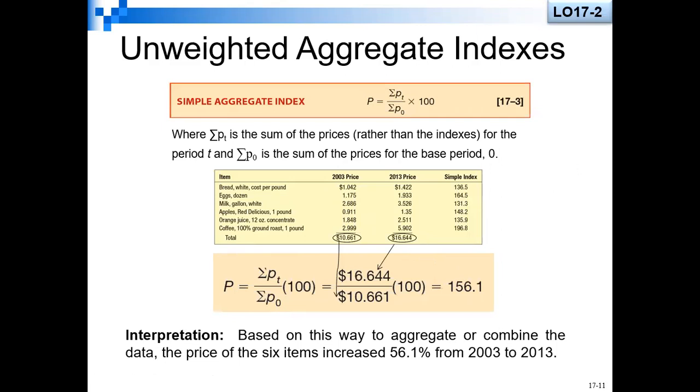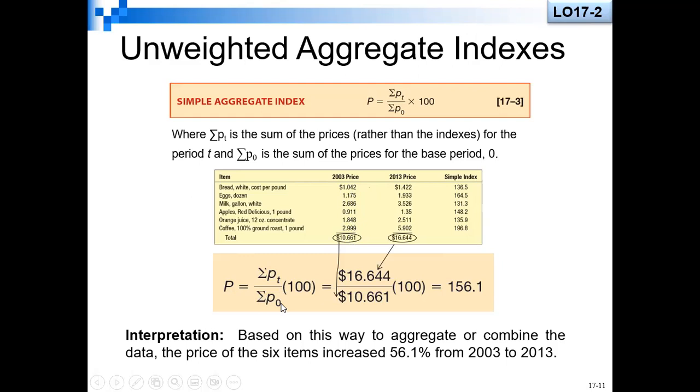Now there's another way to calculate an aggregate index. Again, this is an unweighted aggregate index, so you can compare prices directly. For example, in 2003, you bought white bread per pound at $1.04, and then you take the sum of the prices in 2003, summation P naught.